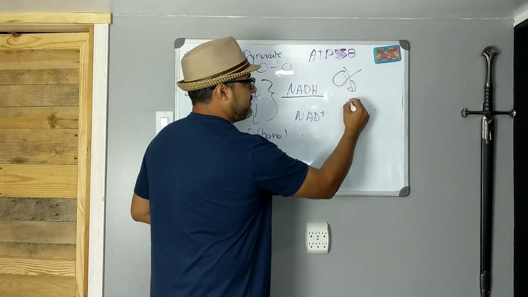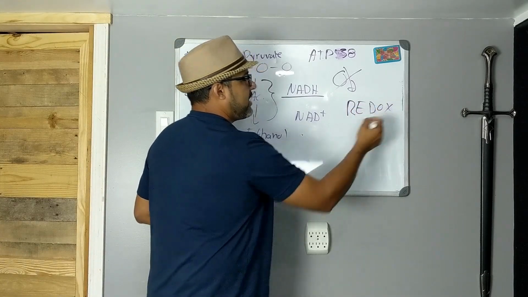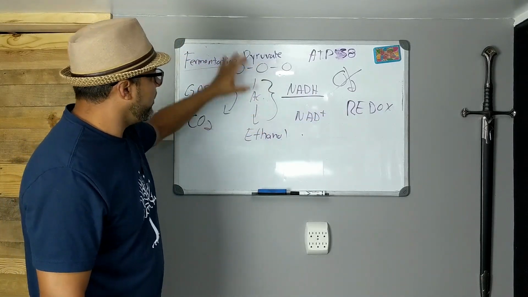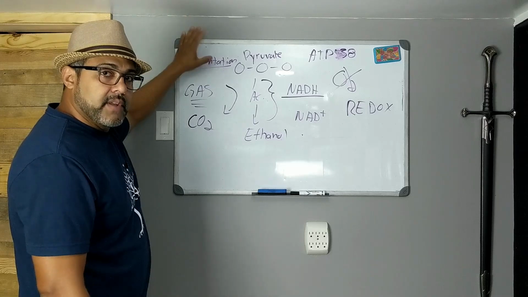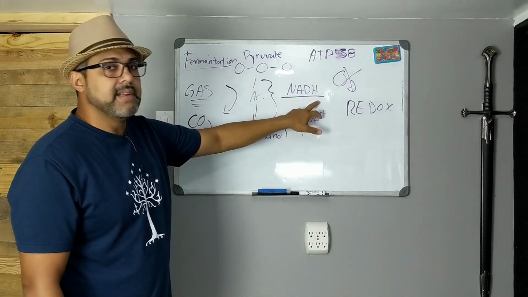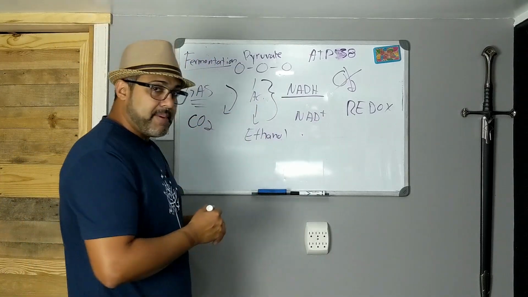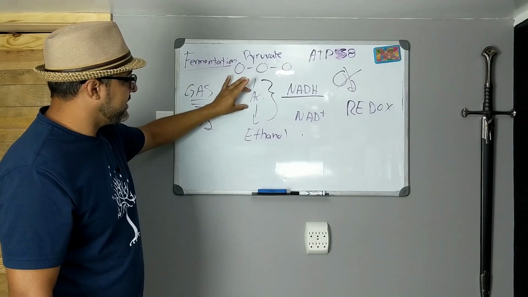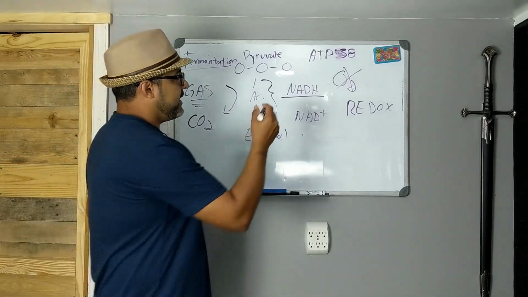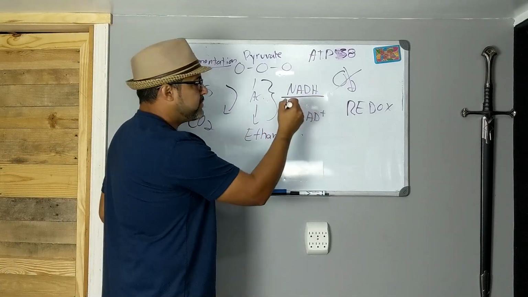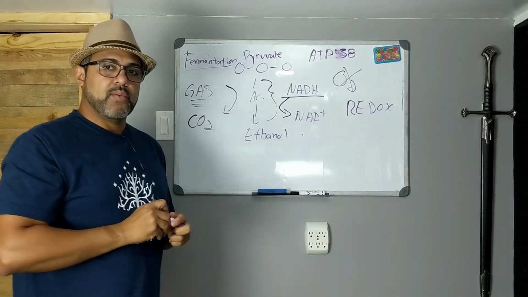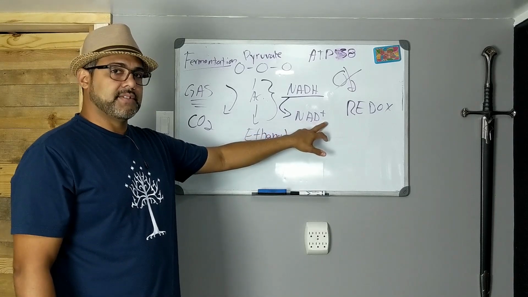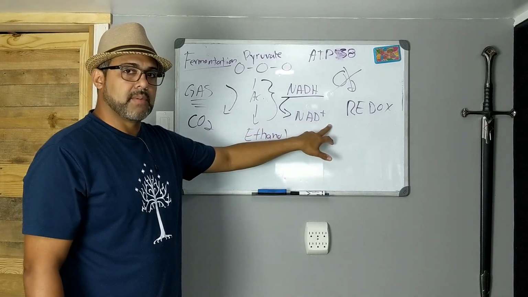Now, this is a redox reaction, reduction-oxidation reactions. After the pyruvate that you get from the glucose, we got NADH. By transforming pyruvate to acetaldehyde to ethanol, we oxidize these molecules and produce NAD plus. Okay, this is the oxidized molecule.